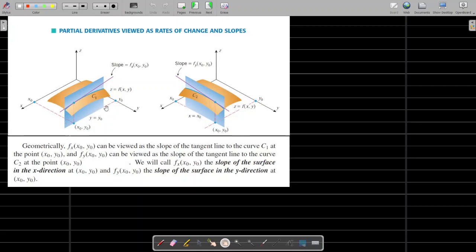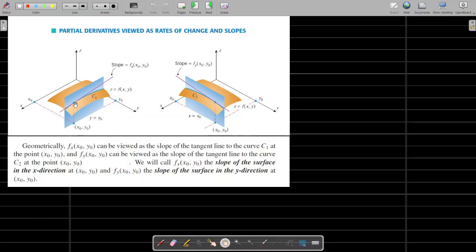Now when I'm asking you to find fx at (x0, y0), suppose I'm cutting this surface with a plane y = y0. It will make a cross section like this, a curve which we are calling c1. Now this is the point (x0, y0), so fx at (x0, y0) is actually the slope of this curve at the point (x0, y0).